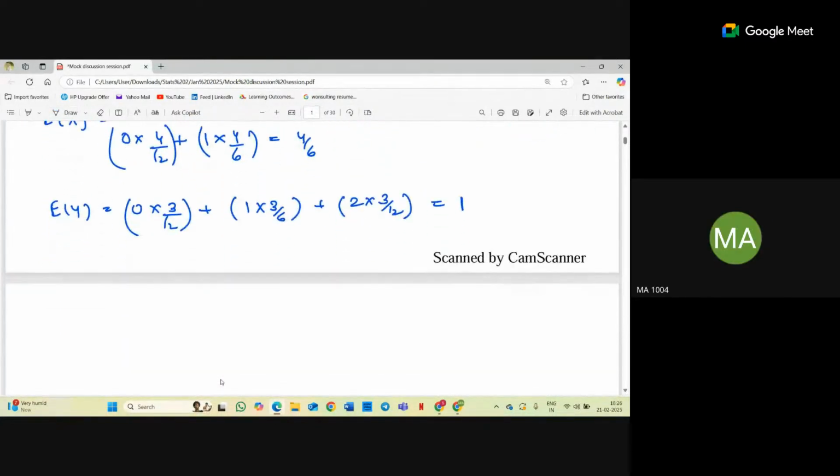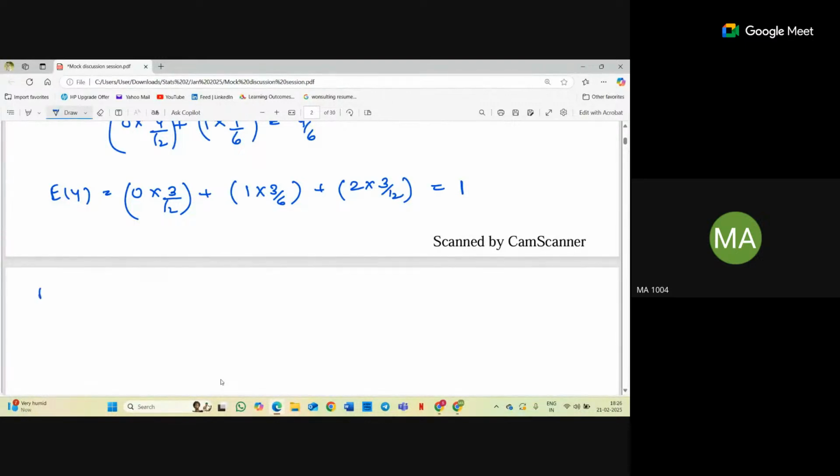Okay. Now we have to calculate expectation of xy. So how will we calculate it? We will multiply all the values. So we can write it as 0 into 1 by 12, plus 0 into 1 by 6.